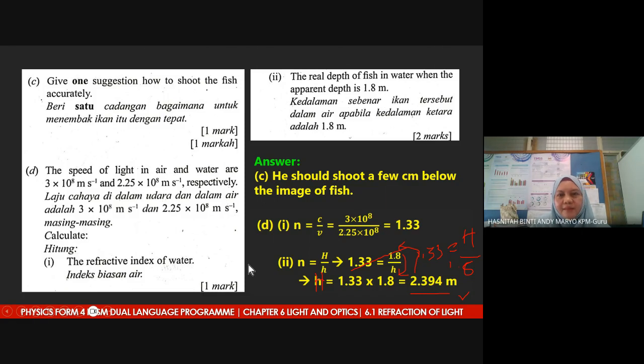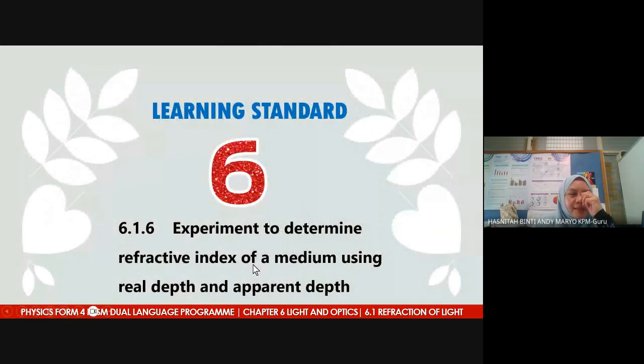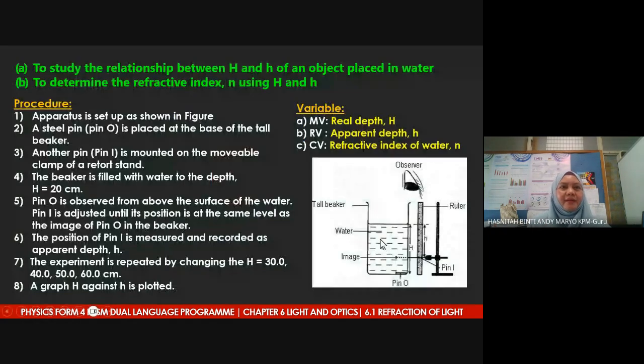Okay, next. So this is the final learning standard 6.1.6: to experiment to determine refractive index of a medium using real depth and apparent depth. Just now we found refractive index from the experiment using glass block. Now from the experiment involving real depth and apparent depth.